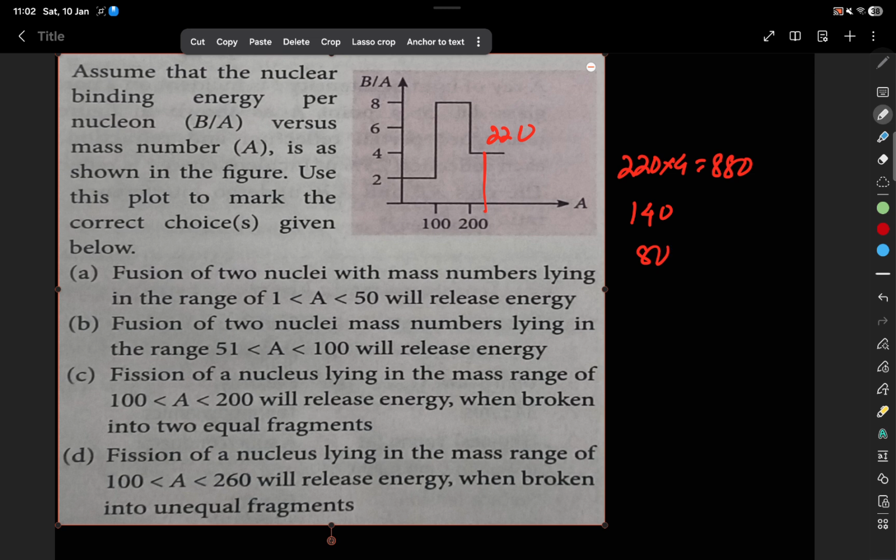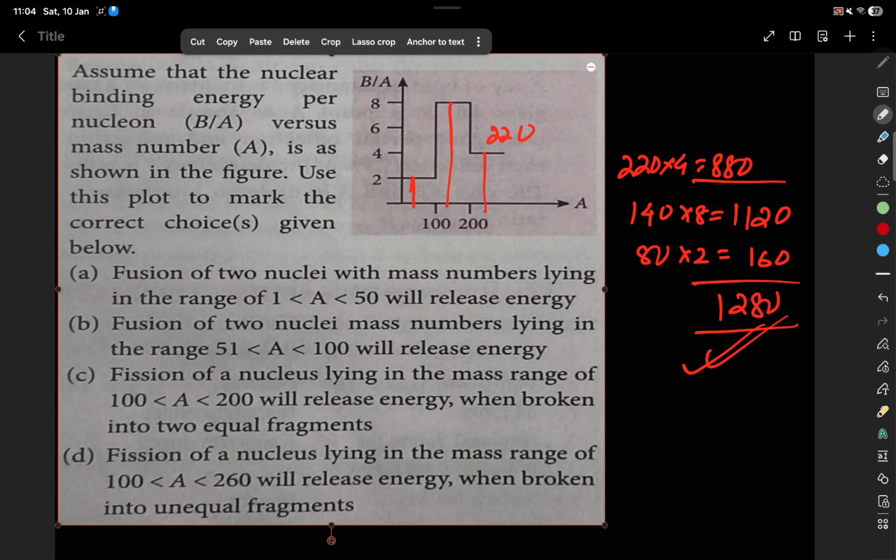So 140 into 8 is how much? 1120. And for 80 into 2, that is 160. So it has energy 1280. So in this case the binding energy is also increasing. So in this case energy is released.